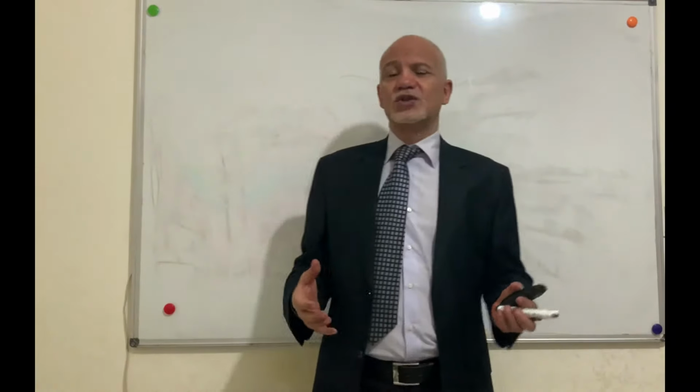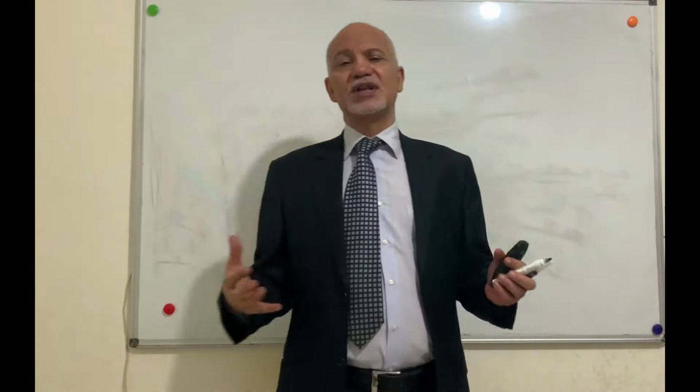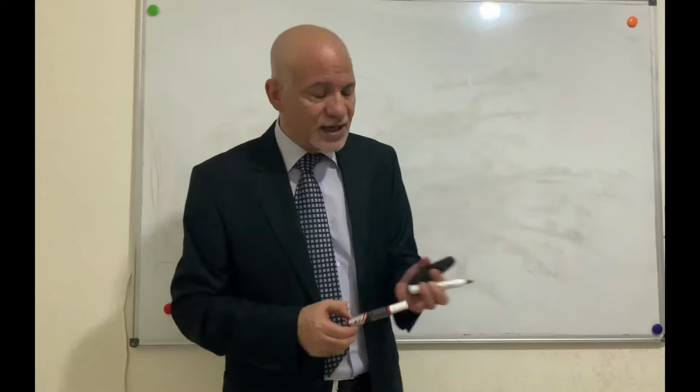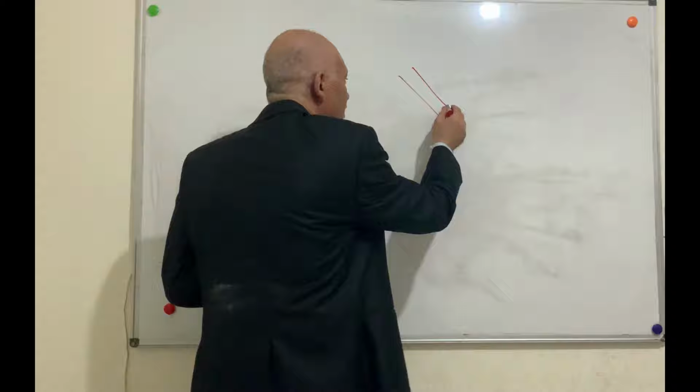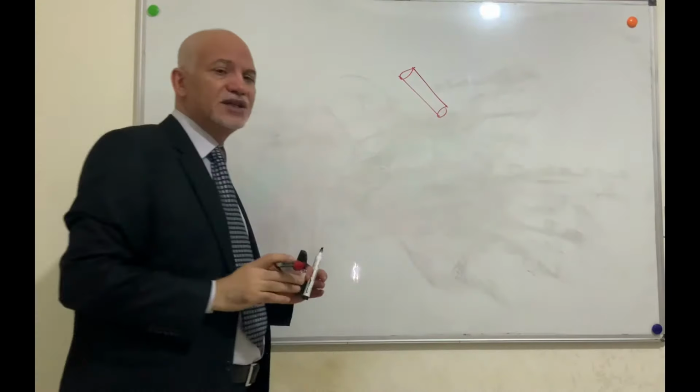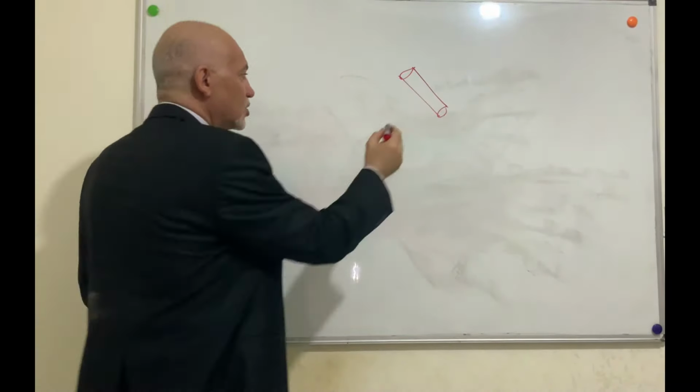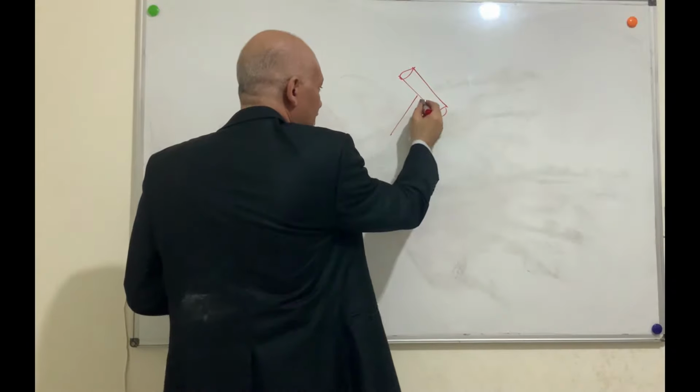Also related to the perineum is the internal pudendal artery. The internal pudendal artery is a branch from the anterior division of the internal iliac.